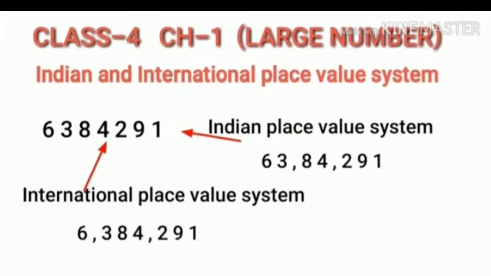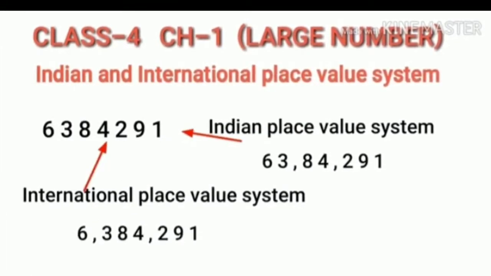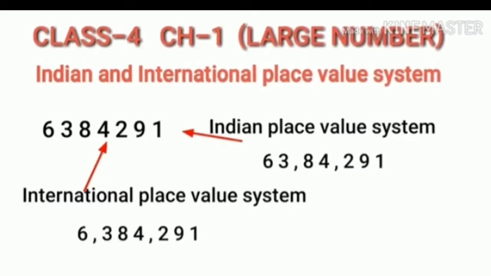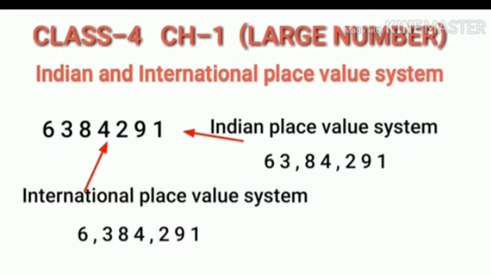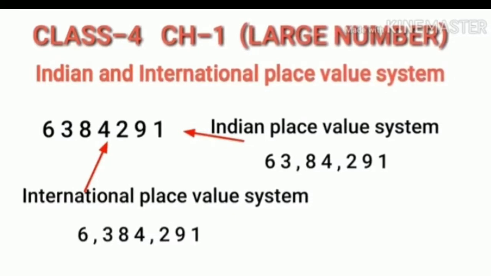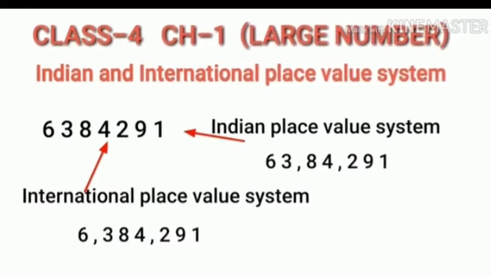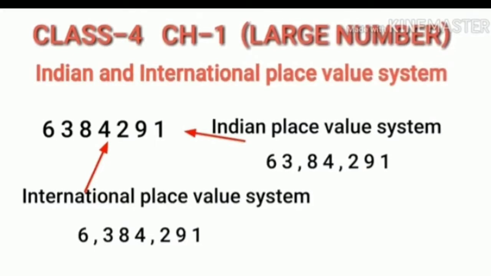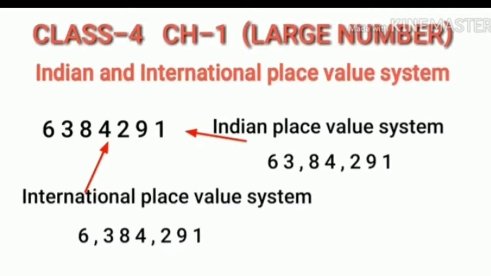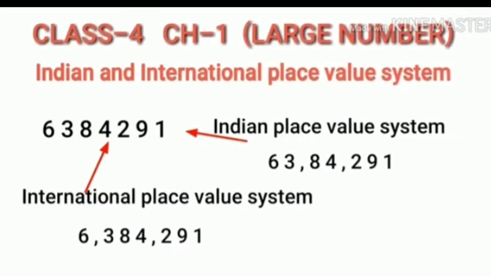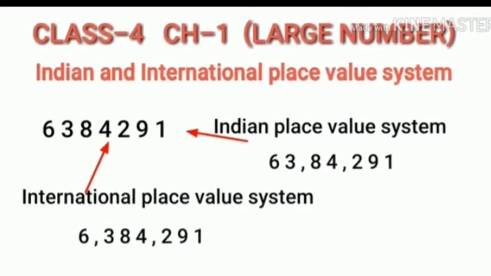543,263. Similarly, let's take another example. In this example, I have taken a bigger number which comprises the digits 6, 3, 8, 4, 2, 9, 1. So in the Indian place value system, we can read the digits as 63,84,291.